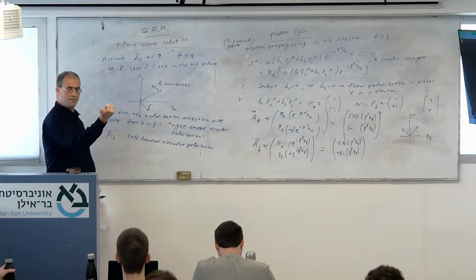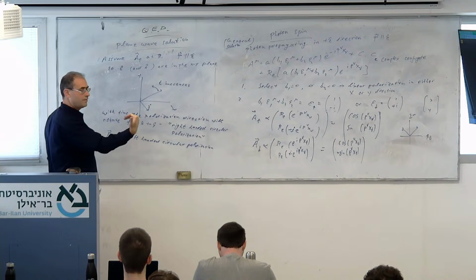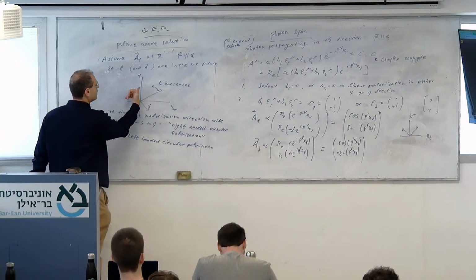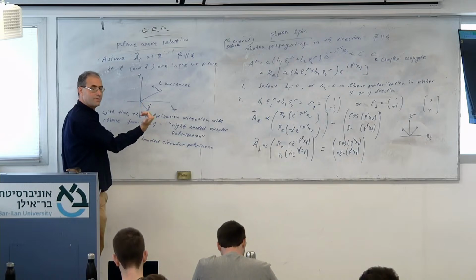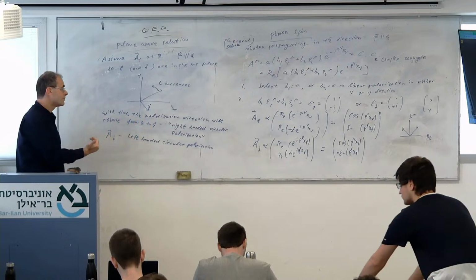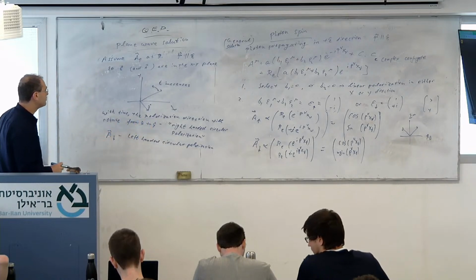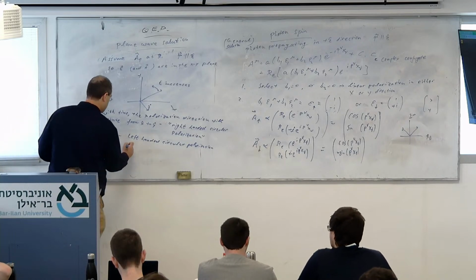I'm putting my right-hand thumb in the z direction, and the polarization will change according to the rest of my hand. That's the right-handed, and the left-handed will be exactly the opposite. That goes the same as the electric field, right?